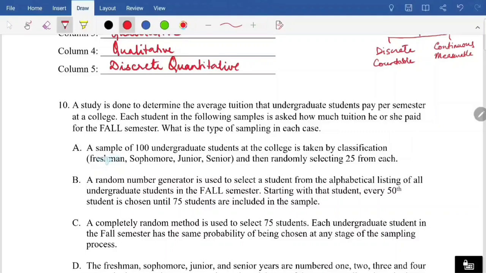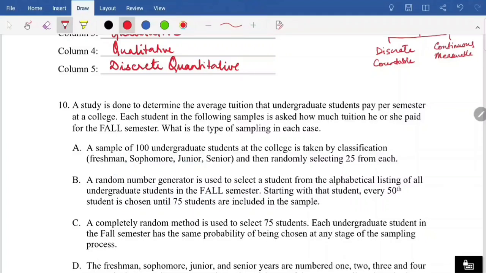Now, A says a sample of 100 undergraduate students at the college is taken by classification: freshman, sophomore, junior, senior, and then randomly selecting 25 from each. So they have classified the undergraduate students by their class year, whether they are freshman, sophomore, junior or senior.